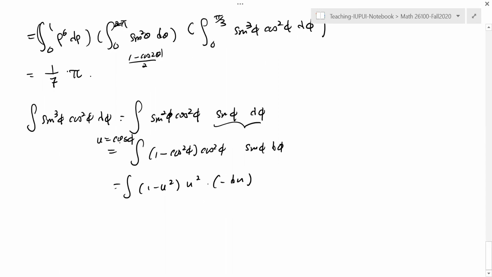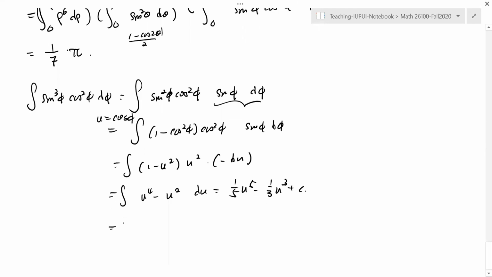Because du equals negative sine phi d phi. All right. So you will get 1 minus u to the 4th power minus u squared du. So the antiderivative is this. So you replace it by 1/5 cosine to the power of 5 minus 1/3 cosine cubed.